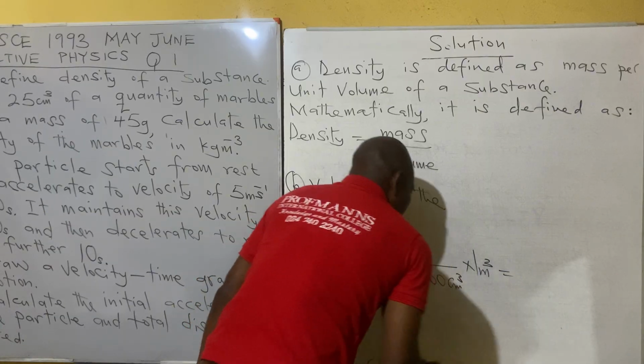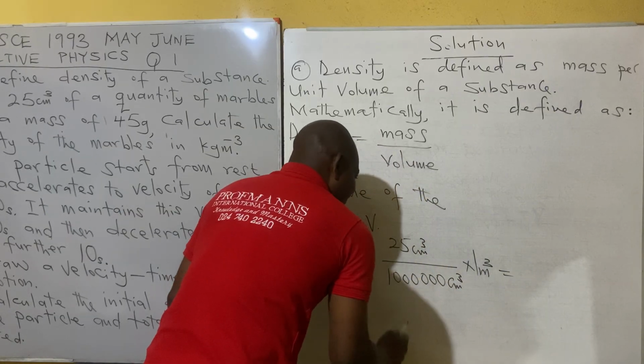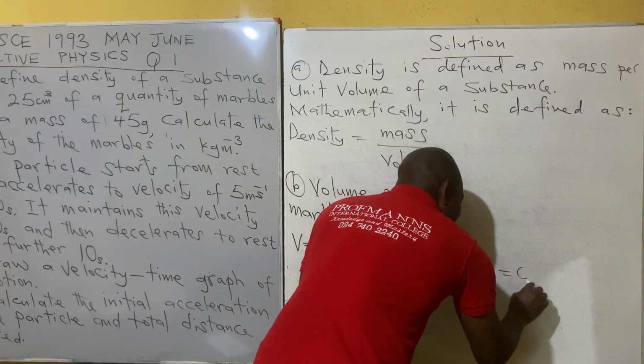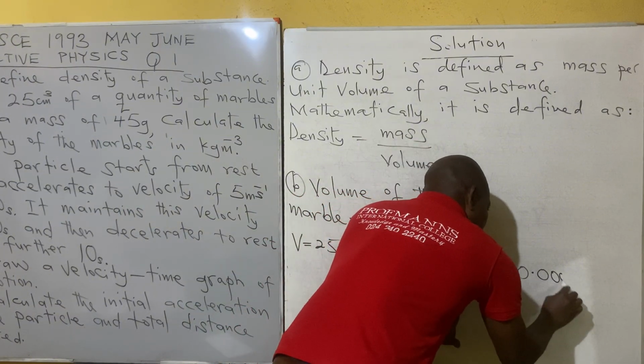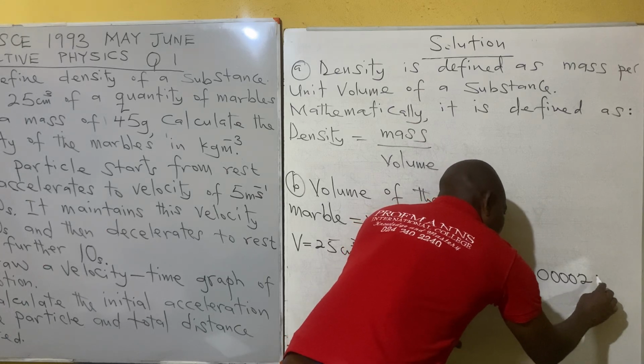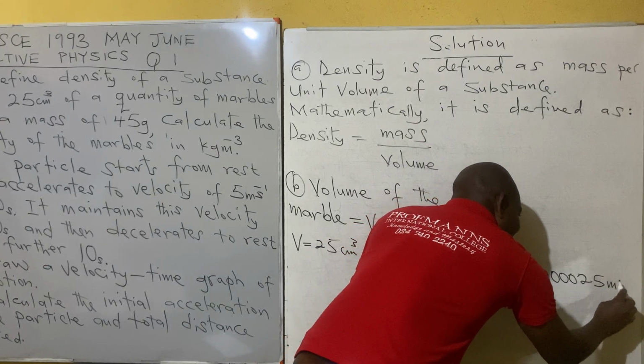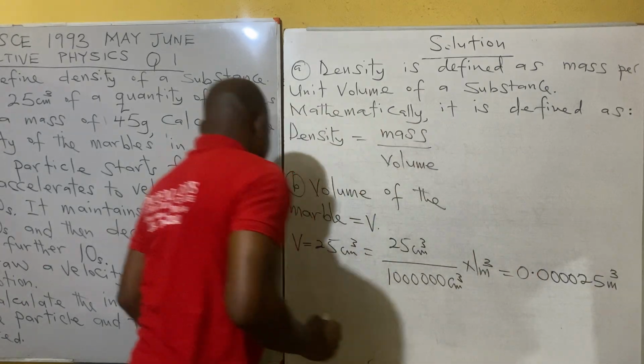So this is equal to, when we divide this by that, we are going to get 0.000025 meter cube.